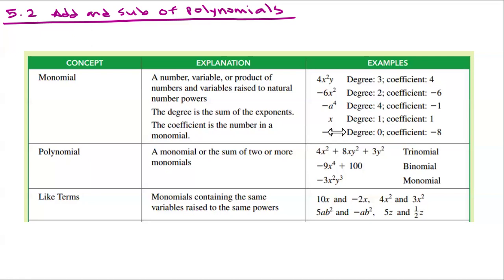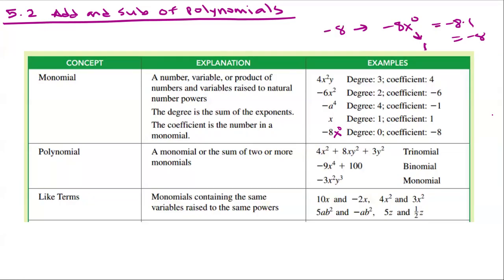And this one doesn't have a variable, but technically it's x to the 0 power. A lot of times we never write it, but we can write it as negative 8x to the 0 power. But remember, x to the 0 power just means 1. So this is saying negative 8 times 1, which is negative 8. That's where the degree of 0 is coming from.